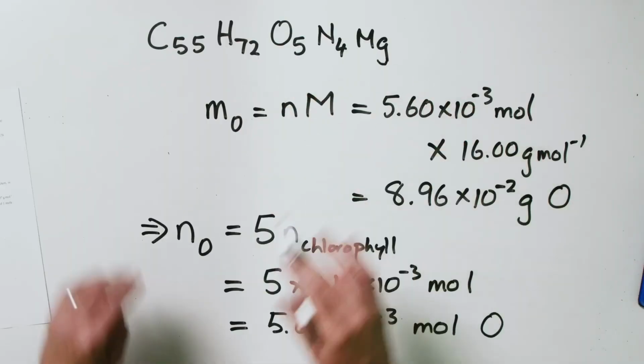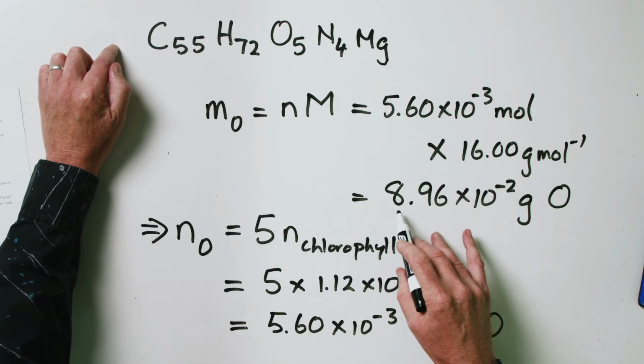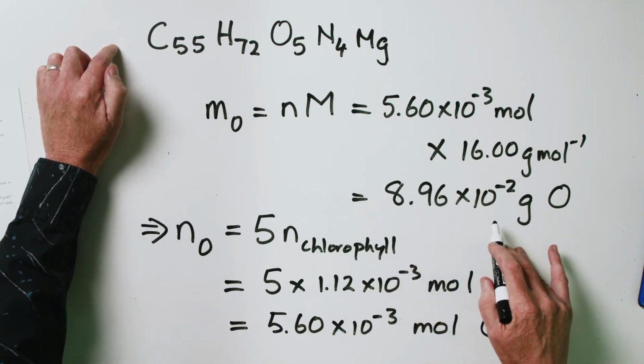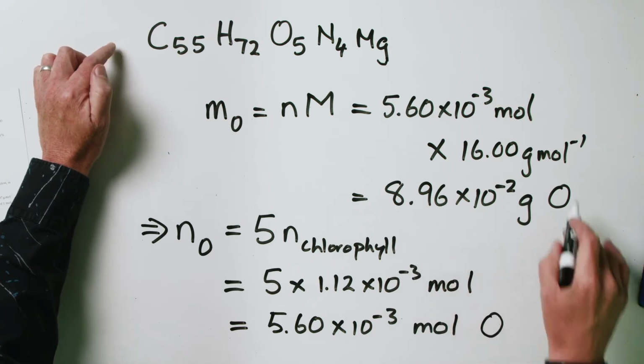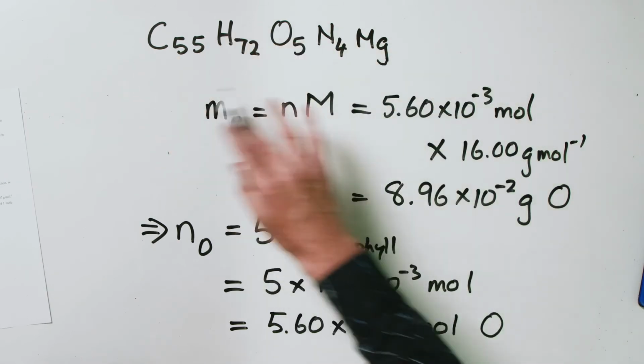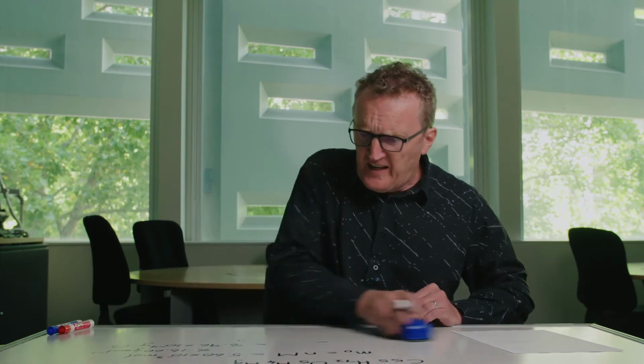So we've done our calculation. In 1 gram of chlorophyll, there is around about 0.09 grams of oxygen. And that's a reasonable answer if you do a quick mental calculation based roughly on the molar mass of this whole thing here. Okay, so there's a nice example of using a chemical formula to obtain stoichiometric information.